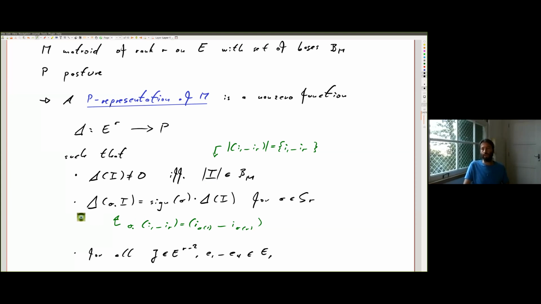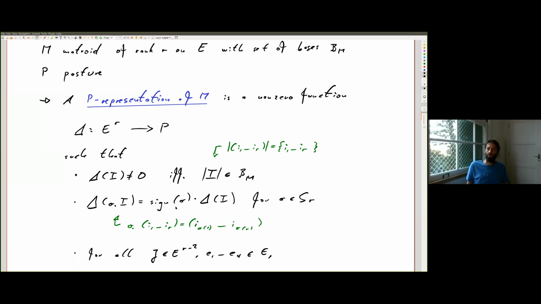The second axiom says that the function is alternating in the sense that if we have a permutation sigma in S_r which acts on I by permutation of indices, then delta of sigma applied to I is equal to the sign of sigma times delta of I. The sign of sigma is plus or minus 1, and we consider plus or minus 1 as elements of P to make sense of this equation.